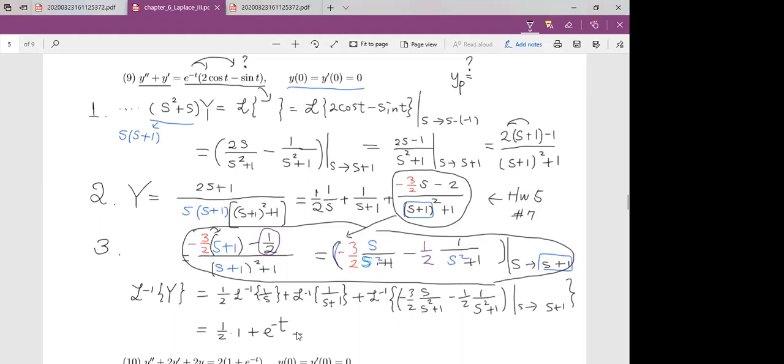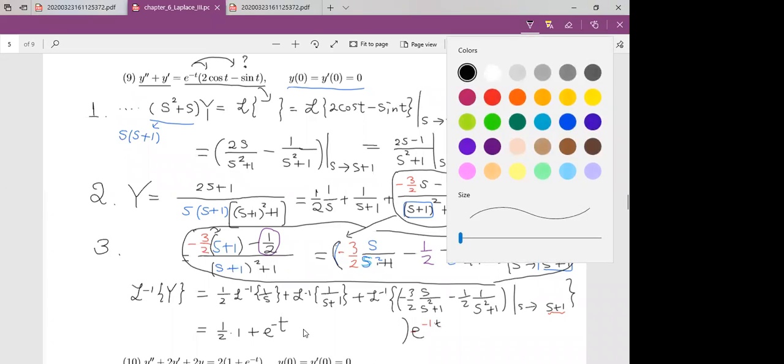Now you use the inverse form of the first translation theorem. So this replacement will give you an extra exponential function, e to the negative t. And then you take the inverse of those guys, right?